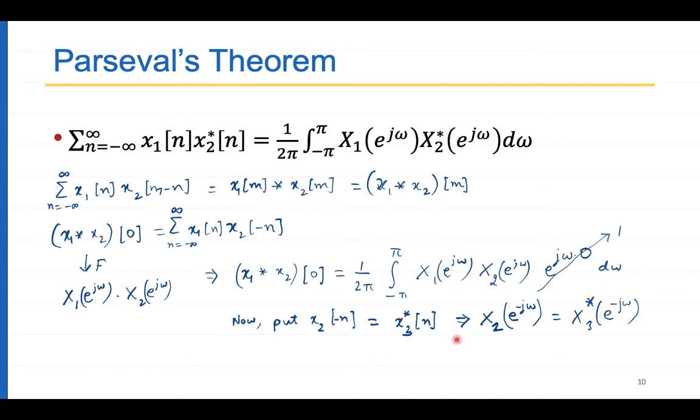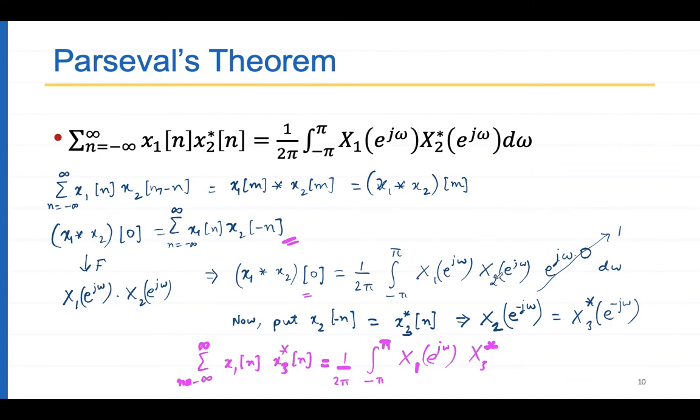This means that the sum from minus infinity to infinity of x1[n] times x3 star [n] is equal to 1 upon 2 pi, integration from minus pi to pi of X1(e^{jω}) times X3 star (e^{jω}) dω.